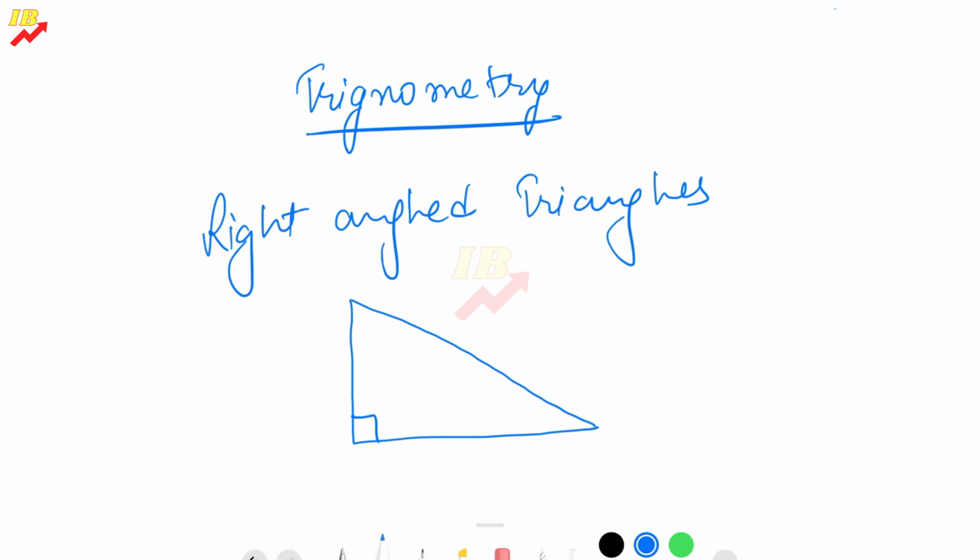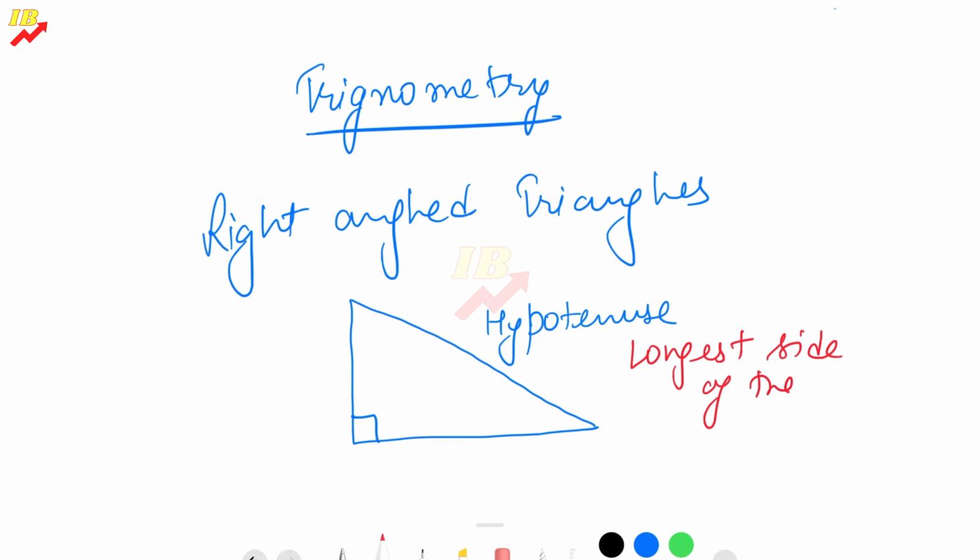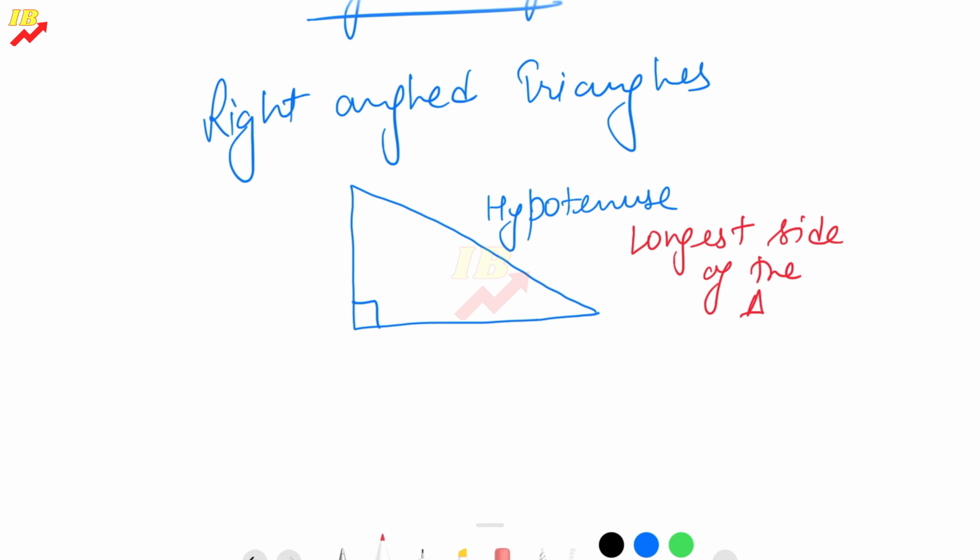Opposite to the right angle, we can see one side which is called the hypotenuse, which is also called the longest side of this triangle. This is called the base. This is called the perpendicular.